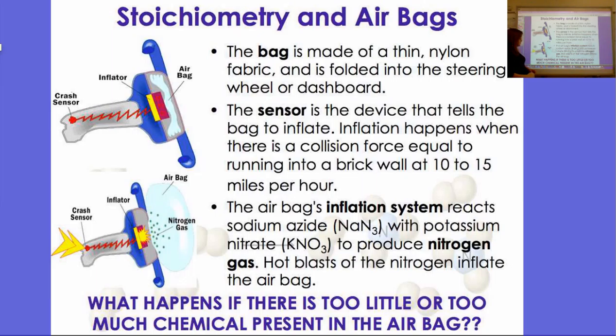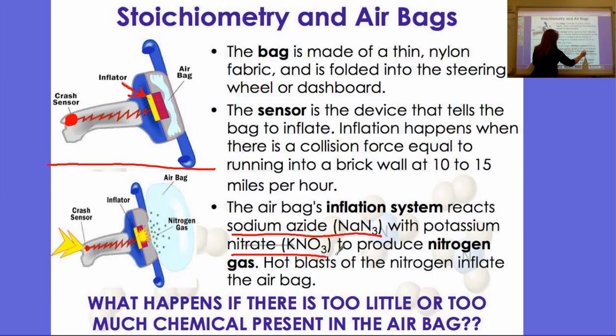Here's some examples. This is an airbag in a car. As you can see from this diagram, here's my sensor. When you're in a crash about 15 miles an hour, this sensor will send a signal to what's called the inflator. Inside here, there are 2 reactants, sodium azide and potassium nitrate.